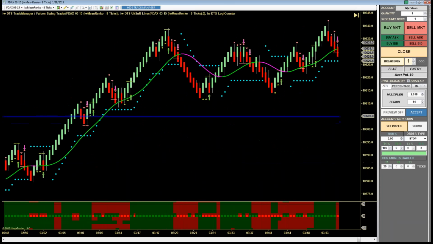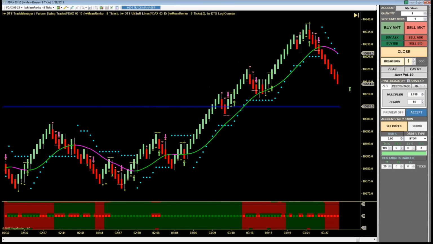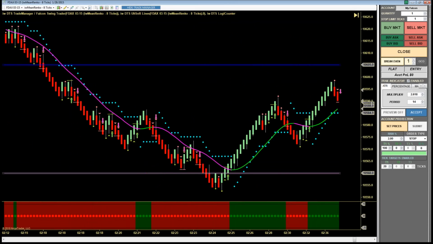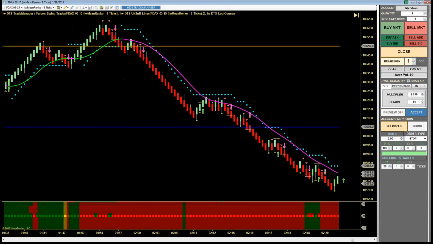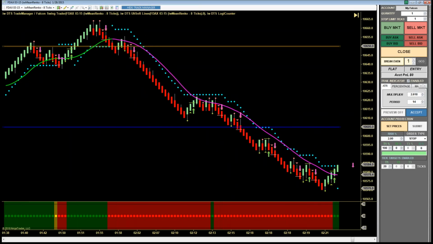And just quickly, while I have it up, I might as well bring over the Falcon Swing Trader also. And we'll roll back here. Yeah, you can see just a whole lot of trading opportunities here in the DAX, if that is your market of choice.